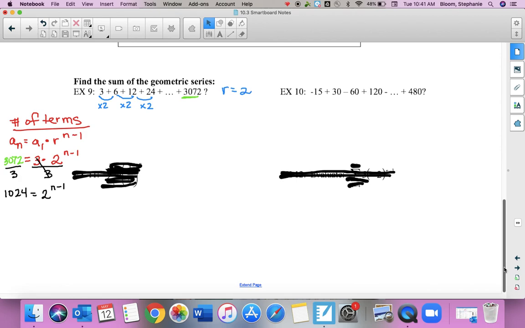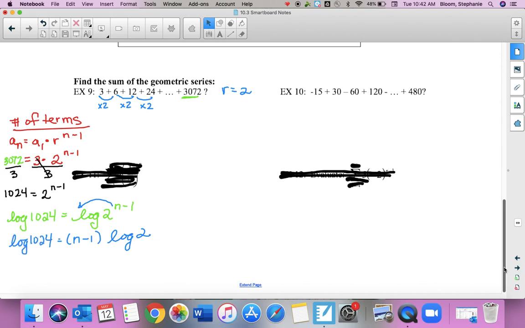Now, I'm wondering if you guys remember this. Back when you're solving exponentials, you have two options. You either get your bases to match, or you can common log both sides. So if I log both sides, then remember, I can take my exponent and move it out front. So this is going to become n minus 1 times the log of 2.